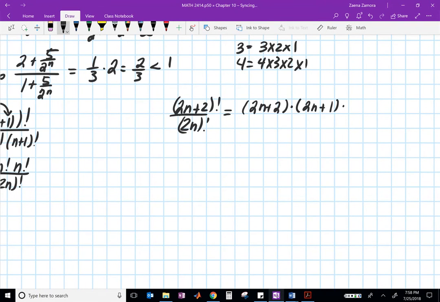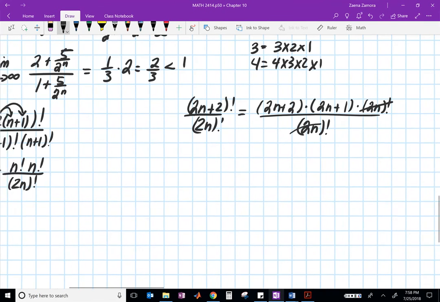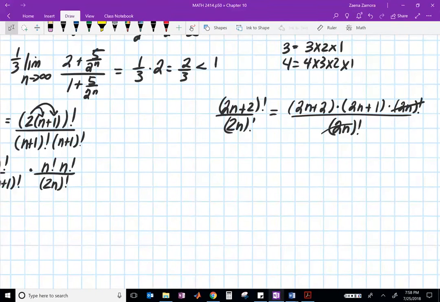And then times, what's one less than that? 2n, right? And then 2n, I can just leave it as factorial, right? Because it's going to be the rest of 2n. And then divided by 2n factorial, what's going to cancel out? So 2n plus 2 factorial divided by 2n factorial, you're left with 2n plus 2 and then 2n plus 1, because all the other terms are going to cancel out.